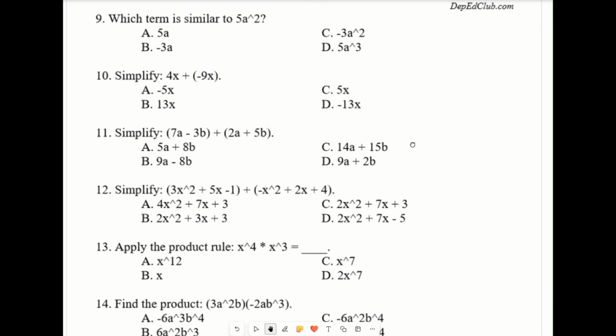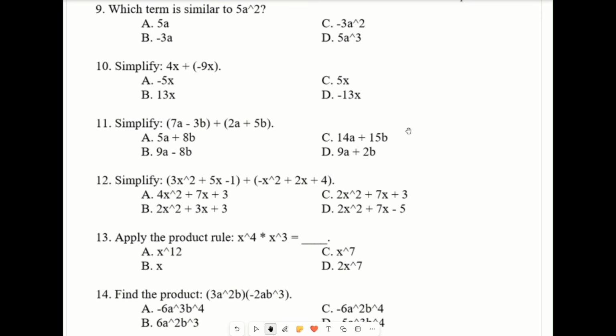Next, number 9, which term is similar to 5a squared? Okay, so when you say similar po, it has exactly the same variable and exponent. So again, this will be 5a squared. Okay, so again, when you say similar, exactly the same variables and exponent.